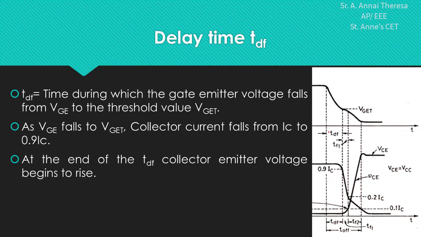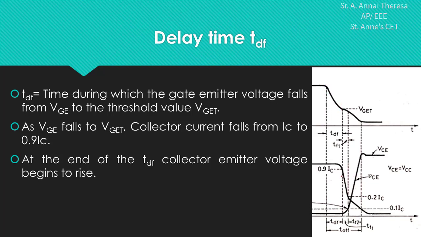In switch off characteristics, how to switch off this IGBT? By making the gate emitter voltage 0, we can switch off this IGBT. If you remove the signal from VGE, then VGE starts decreasing from VGE to VGE-T, that is the threshold voltage. This is the delay time.